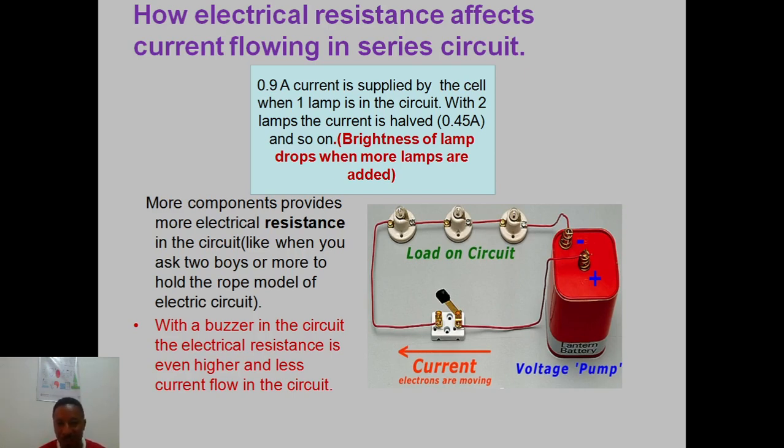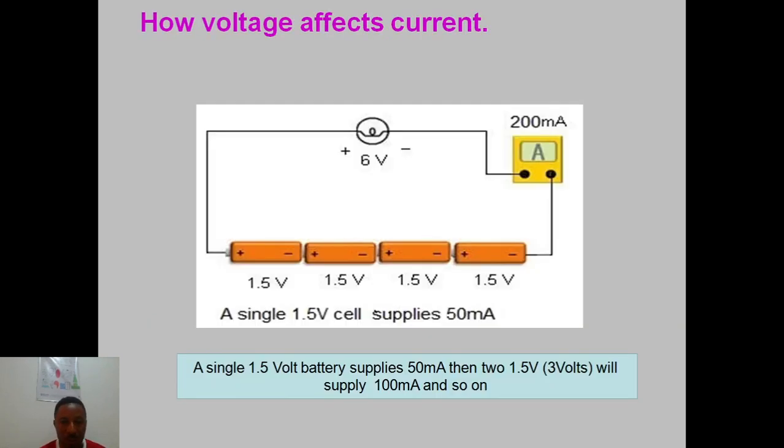So resistance here is inversely proportional to the current. When you increase the components or the resistance to the flow, you are going to decrease the current. And also, when you increase the voltage, you will increase the current.